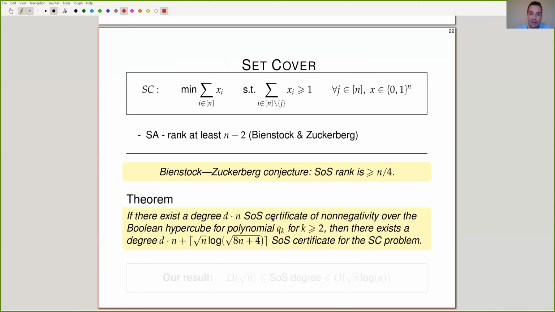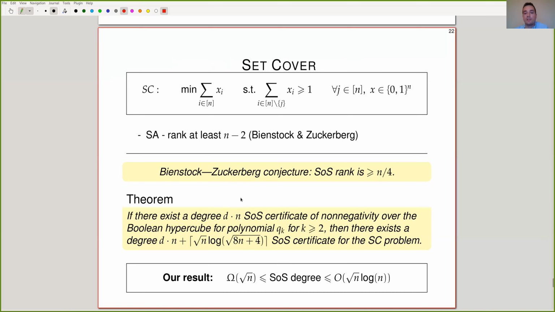And actually by the result for symmetric quadratic functions for k equal 2, we know that instead of d times n, we have square root n. So the total degree is upper bounded by square root n log n, and this again refutes the Bienstock-Zuckerberg conjecture.